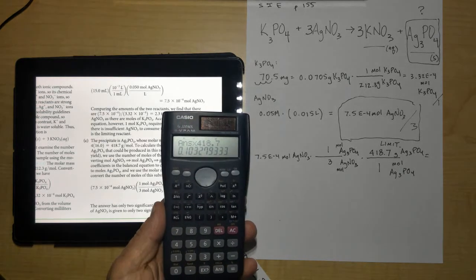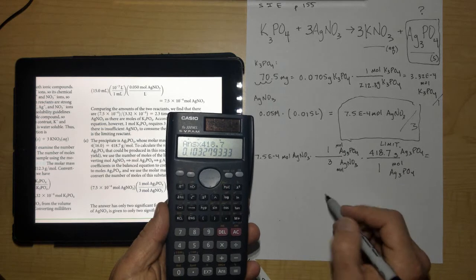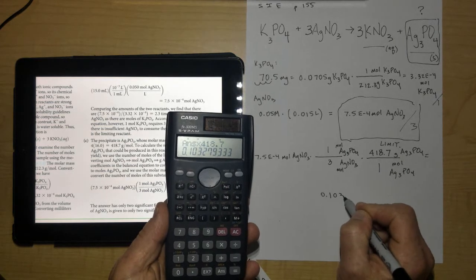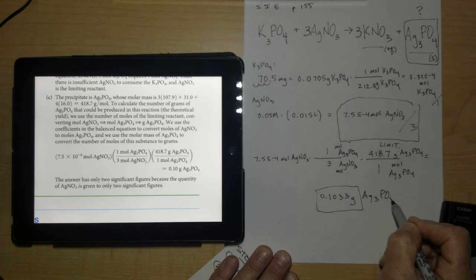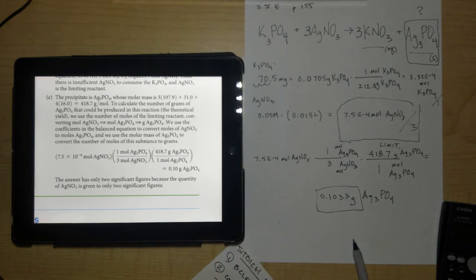Enter. I got 0.1047. I'll round that. I'm not sure, I think it's 3 sig figs we go to, but that should be. Let's look at the answer. Oh, they got 0.1 grams. It's to 2 sig figs, and I have 0.10 right there. So 0.10 grams of Ag3PO4. All right, that was a long problem, difficult, challenging.